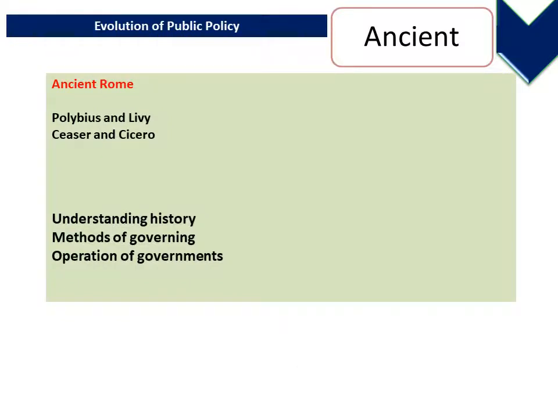During the time of ancient Rome, famous historians like Polybius and Livy documented the rise of the Roman Republic and the organization and histories of other nations, while statesmen like Caesar and Cicero provided us with examples of the politics of the Republic and Rome's empire and wars.